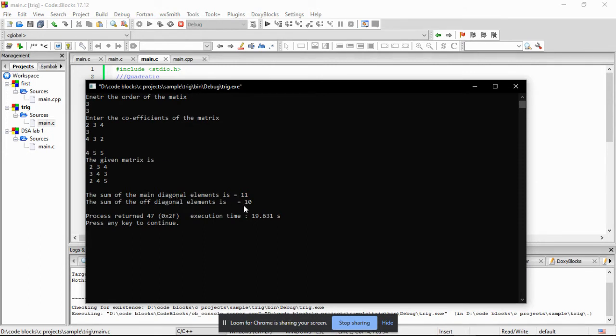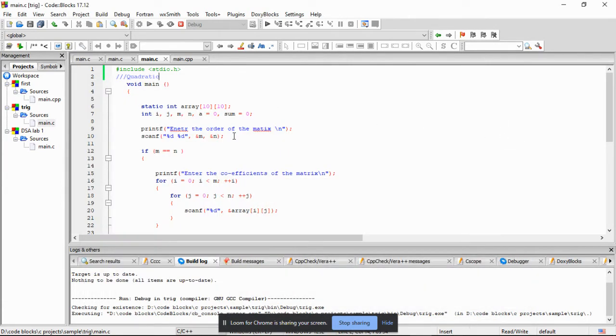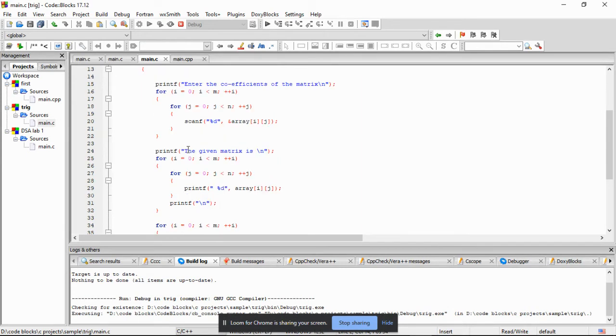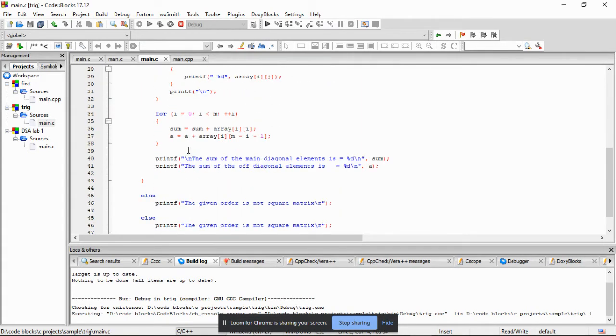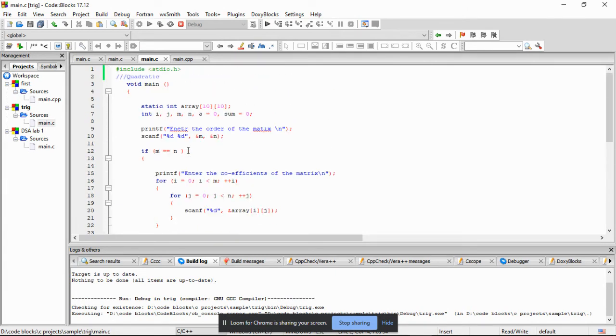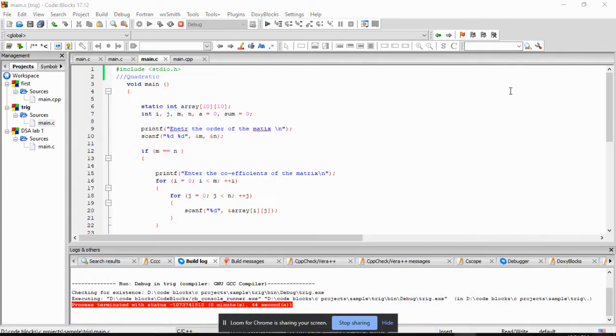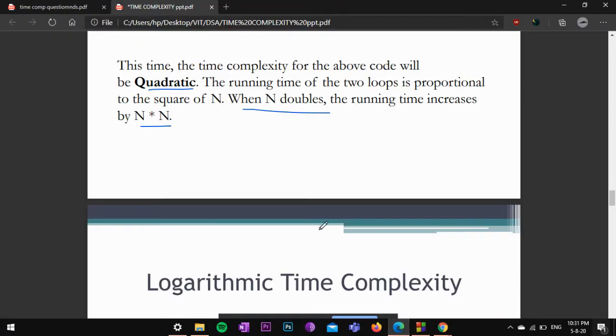Sum of main diagonal is 11. Sum of off diagonal is 10. And it executed without any effort. So what we have here is the same nested for loop, and it will return the output, and it will be under quadratic time complexity.